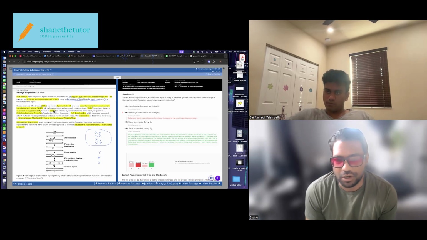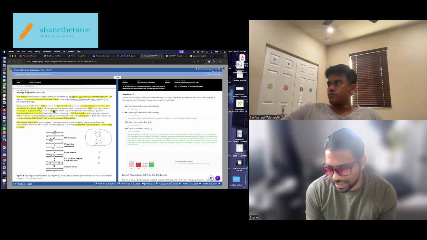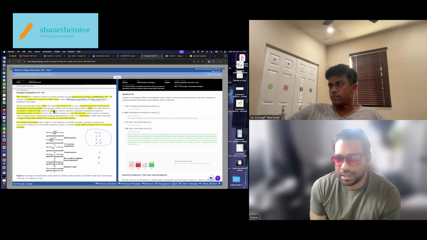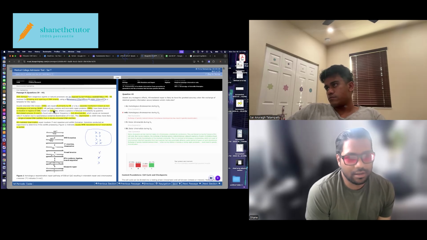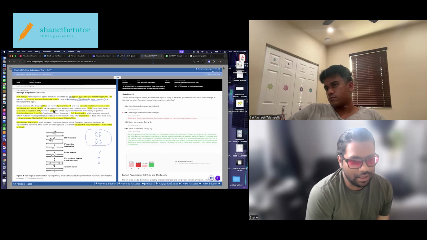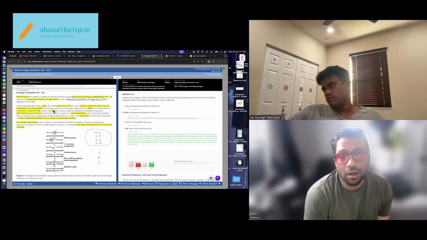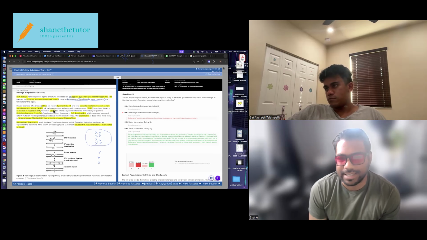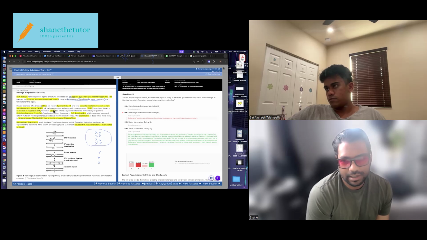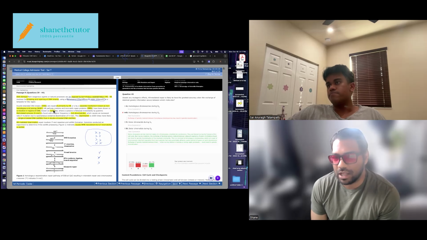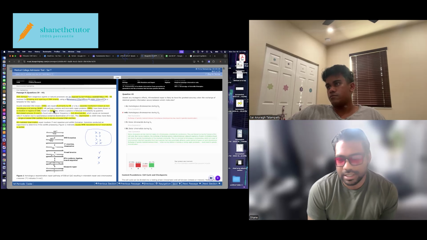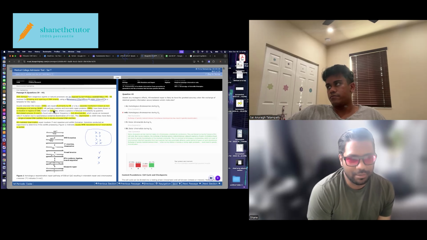each chromosome, within the chromosome. So we could eliminate A and B because they talk about homologous chromosomes. And then also it's asking about exchange of identical genetic information. So we know from homologous recombination that you have crossing over, and thus genetic recombination, right?